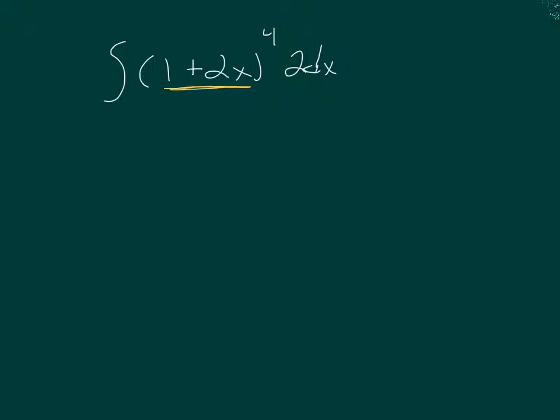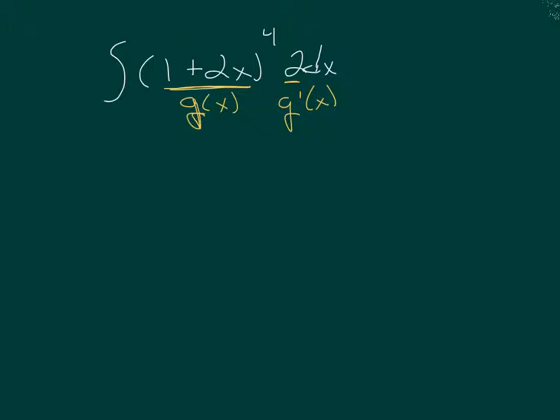The derivative of 1 plus 2x is 2, and I see that I have that here. So I can use the power rule. This is my g of x, and here's my g prime. If I think of 1 plus 2x as my g of x to the 4th power, we can just integrate that simply.